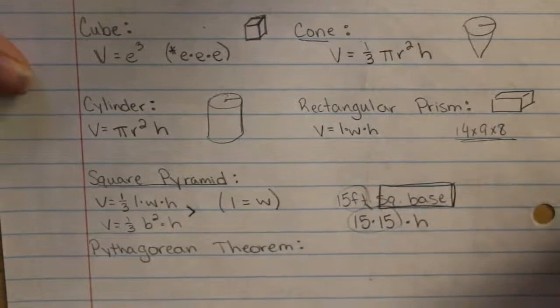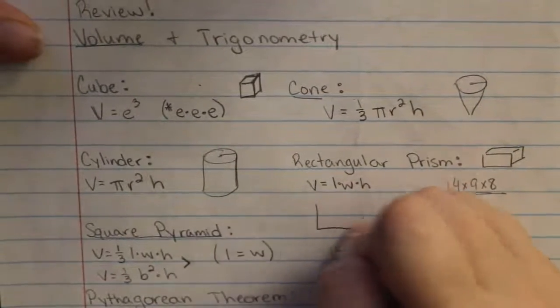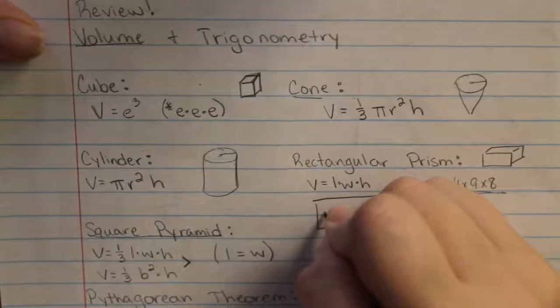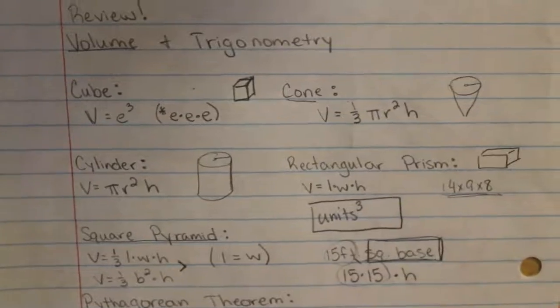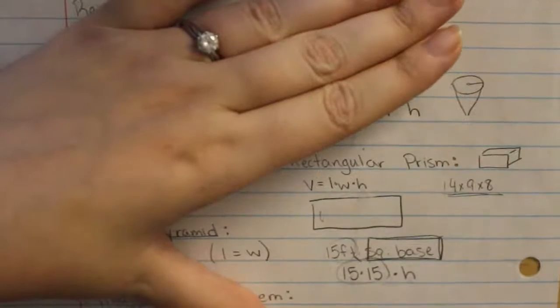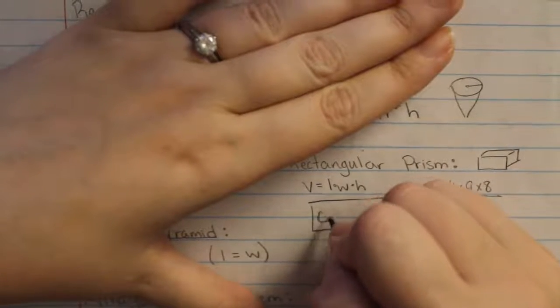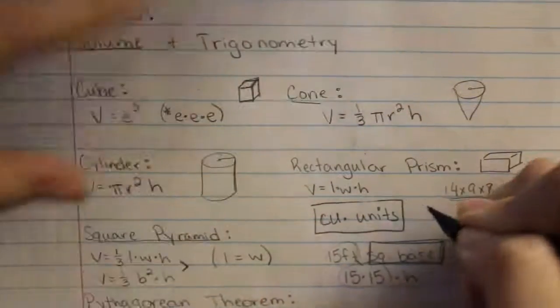That's what that means. Do not forget that volume is written in, I'm going to box this right here, cubic units. Sorry, I keep forgetting that we are doing, so this is going to be in cubic feet or cubic inches, so it's going to be cubic units. Okay?